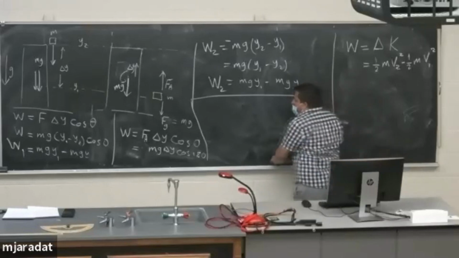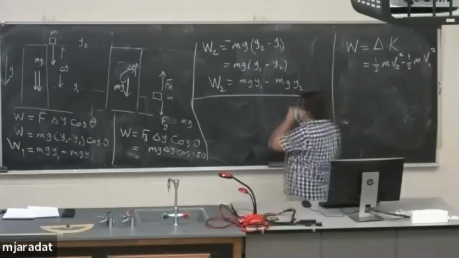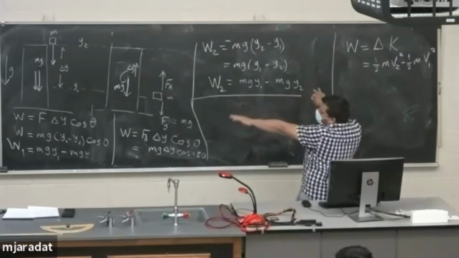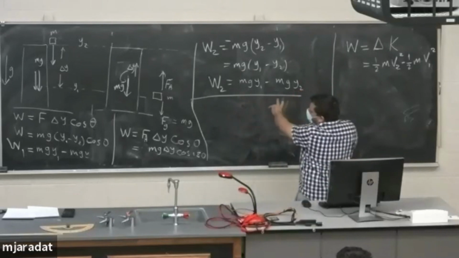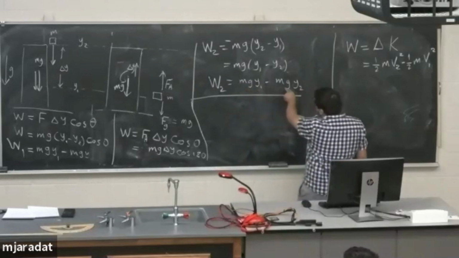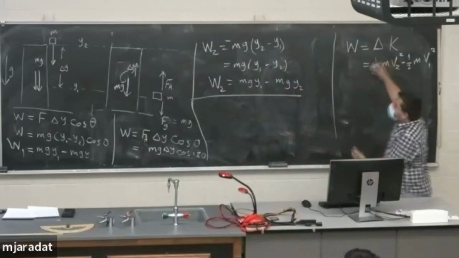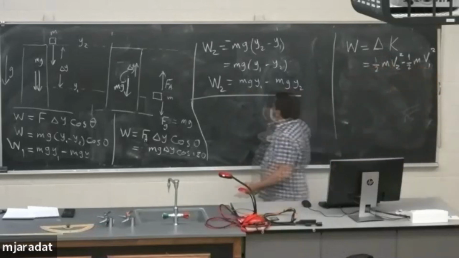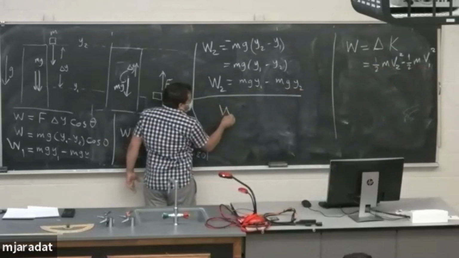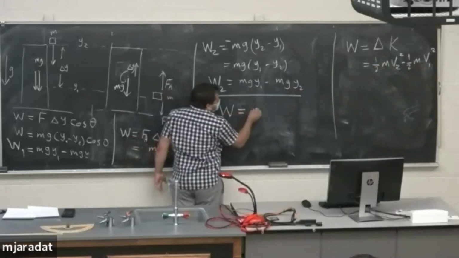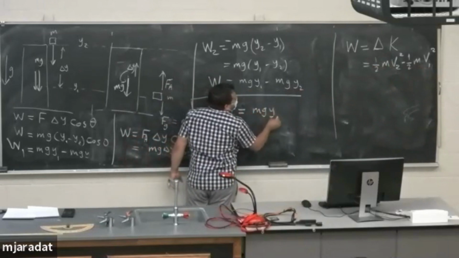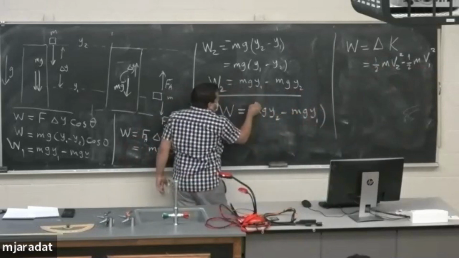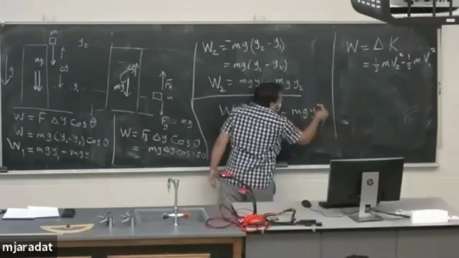Today, there's a difference. Look, the work in both cases is the same thing, which is mgy1 minus mgy2. But the kinetic energy is 2 minus 1. What we need to do now, if we look at this, is write W equal to mg y2 minus mg y1 with a minus sign for them.